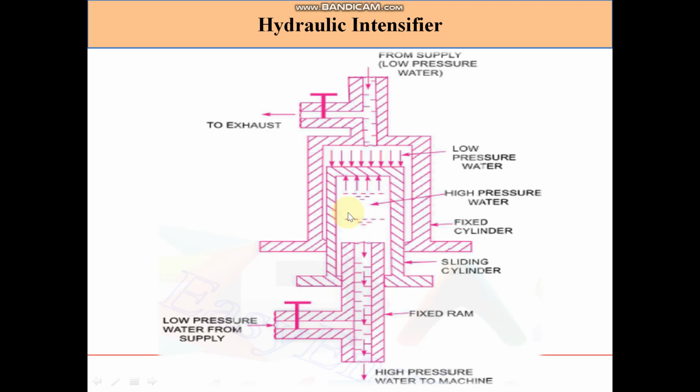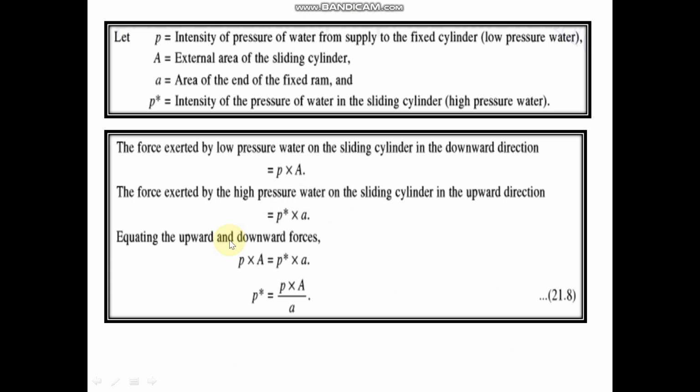Here the pressure is P star and small a is the cross sectional area of the outer fixed ram. Now these two forces are equal, therefore we can equate these two equations, and finally we obtain the intensity of pressure supplied from the system, which is equal to P into capital A upon small a.